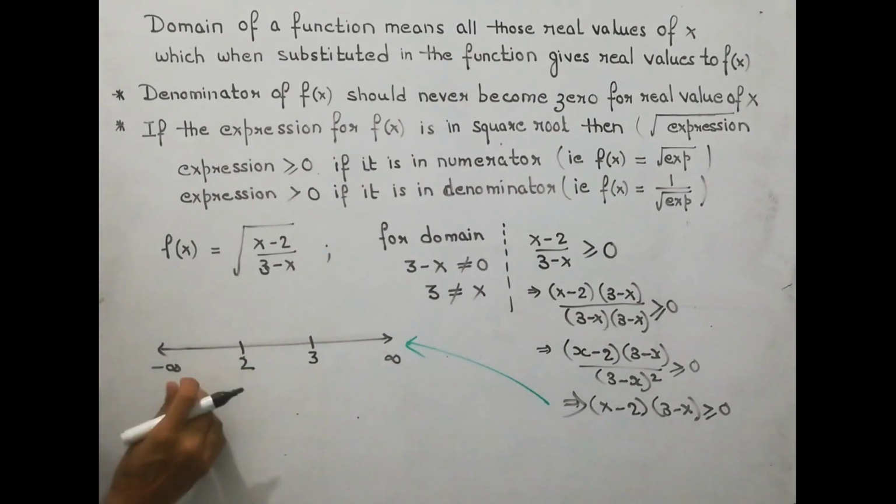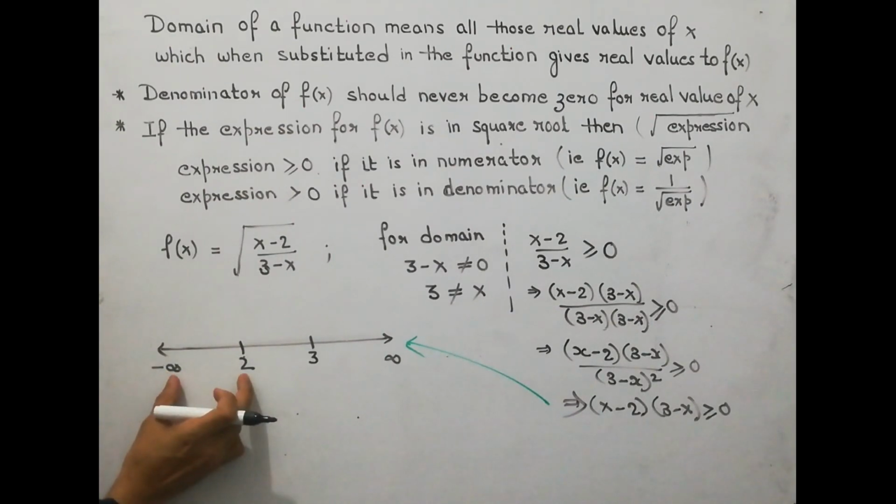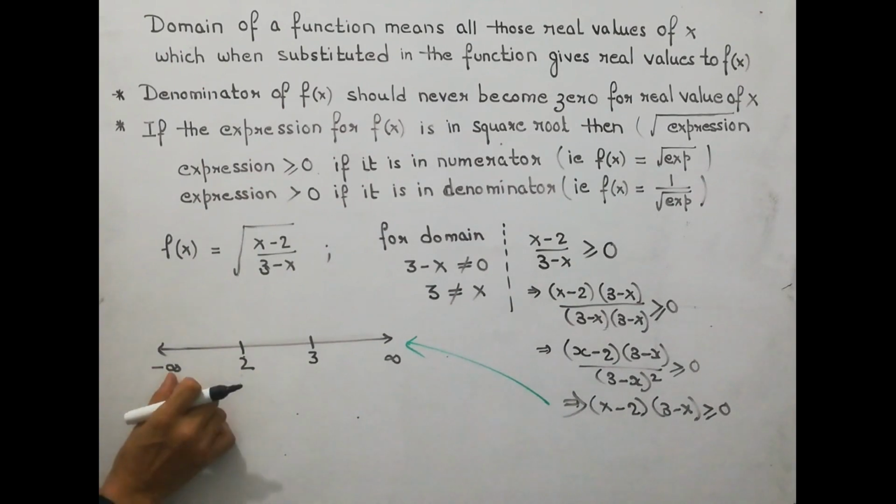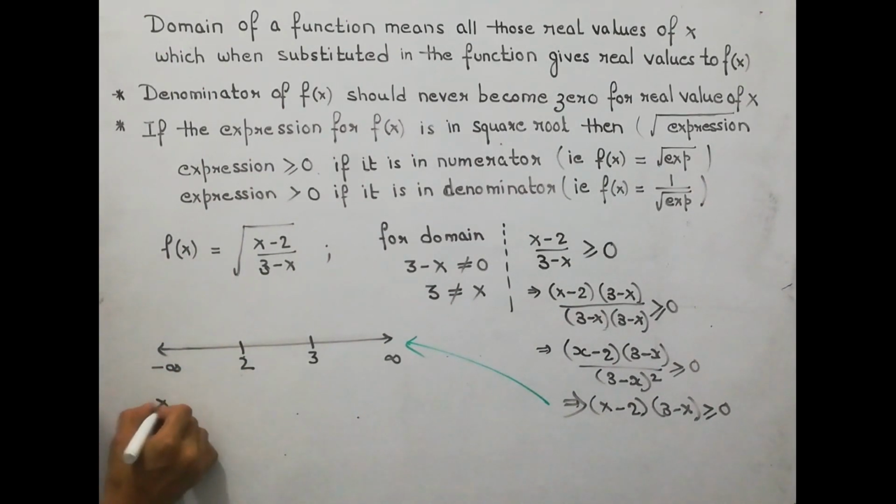See here. You consider any value lying in between. For the first subdivision, you take any value lying between minus infinity and 2. So let the easiest value be 0.